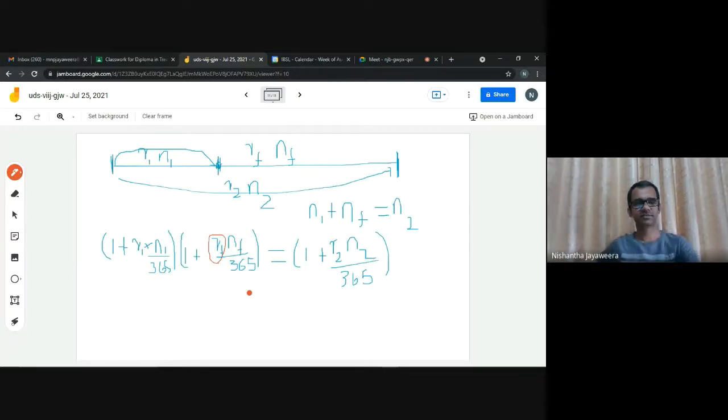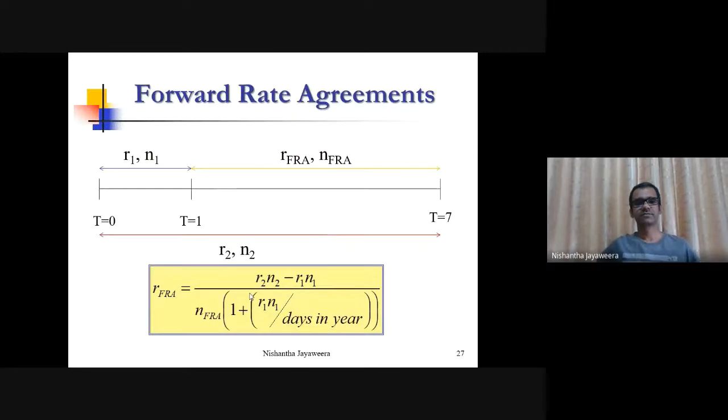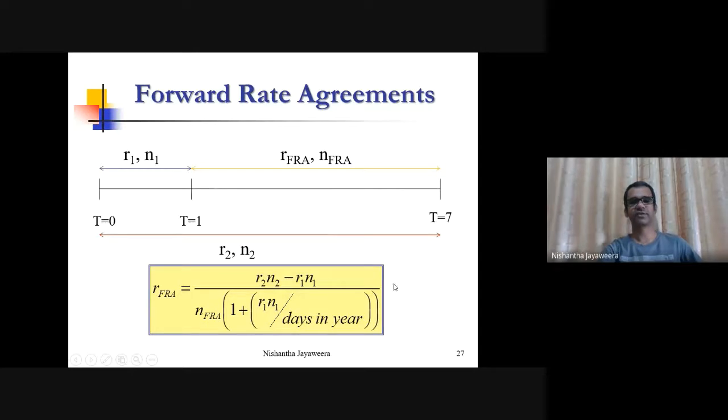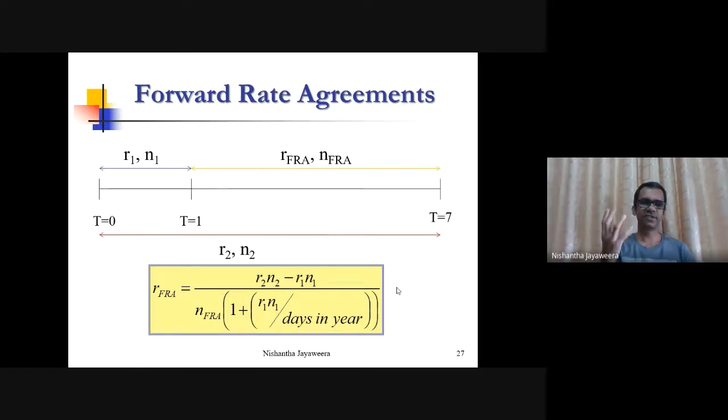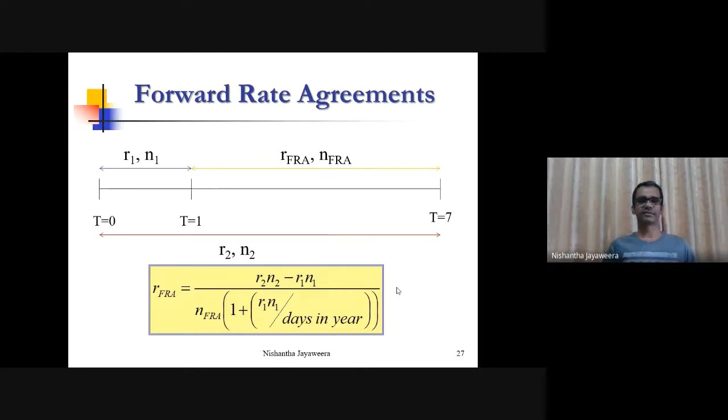Is it clear? This is the fixed rate for a forward rate agreement. This is what we call price in a FRA. What does it mean by price in a FRA? Quote the fixed rate. What is the fixed rate applicable for that FRA?